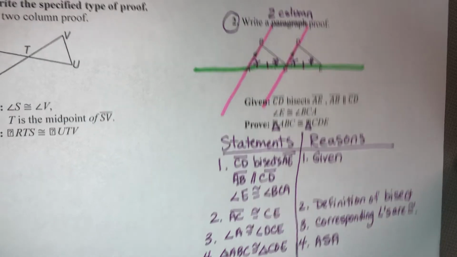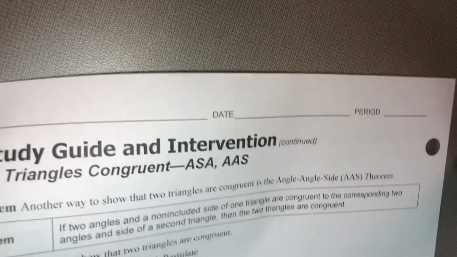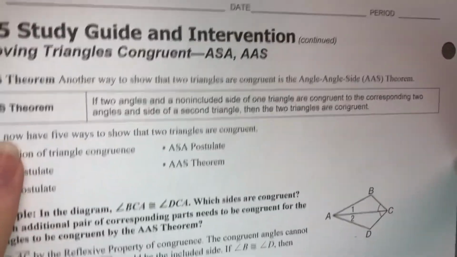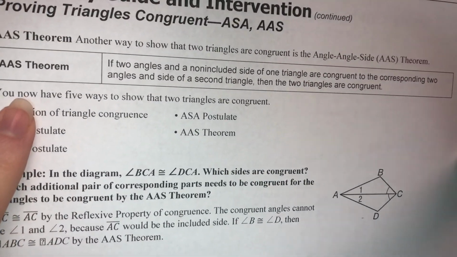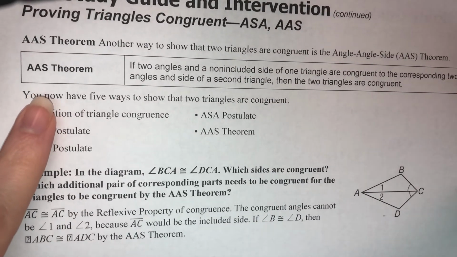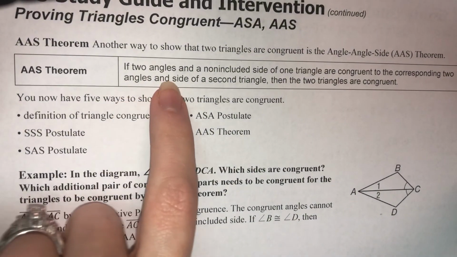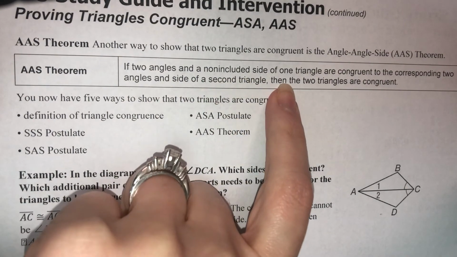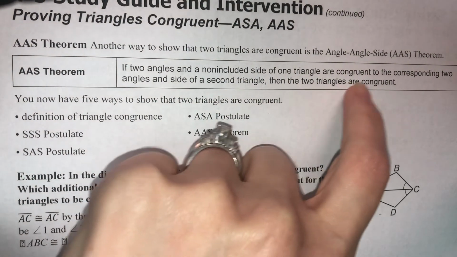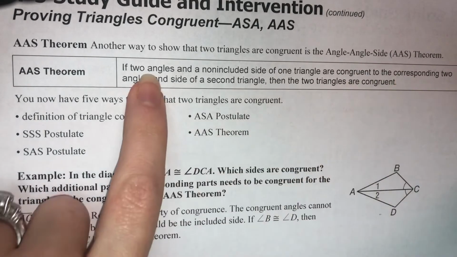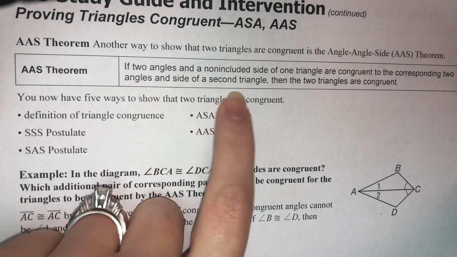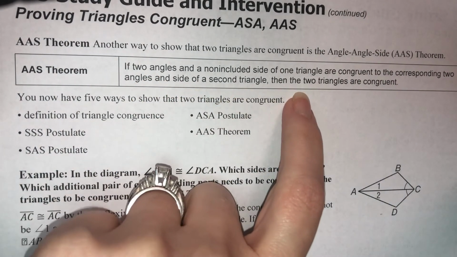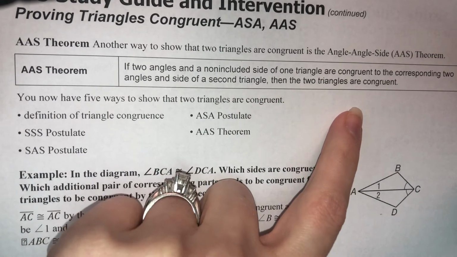All right, there's another shortcut that we have on the back. Angle, angle, side theorem. If two angles and a non-included side of one triangle are congruent to the corresponding two angles and a side of the second triangle, then the two triangles are congruent.